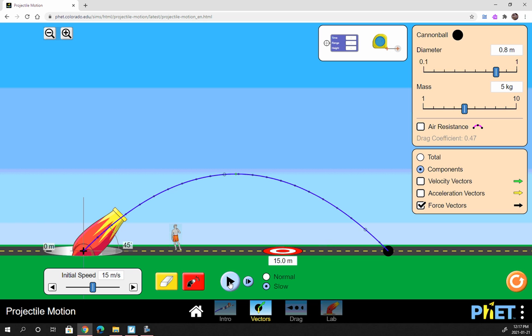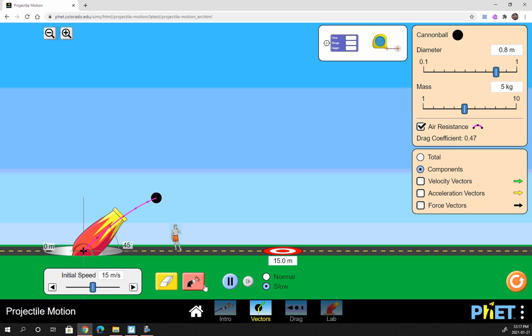Now, can we get more complex with this? Yeah, sure we can. We can add air resistance. It's quite a complex solution, but I'm going to show you this object being launched with this air resistance. There we go.